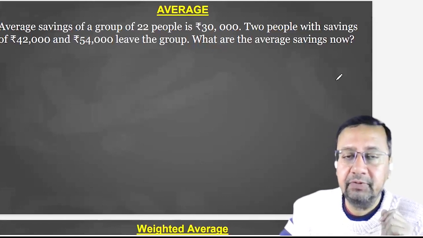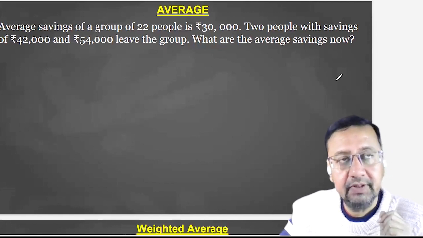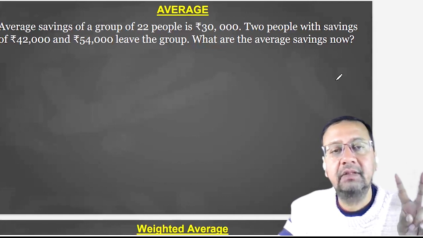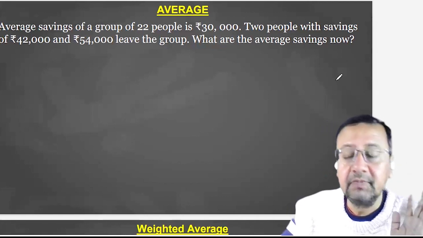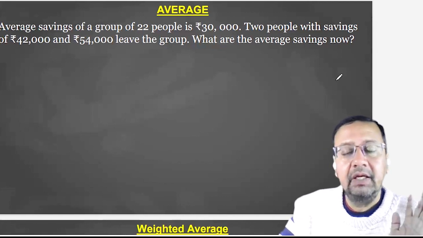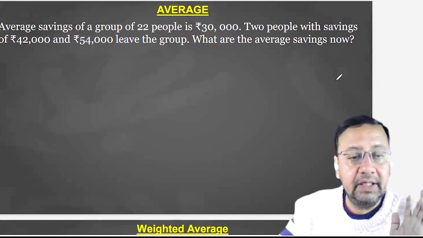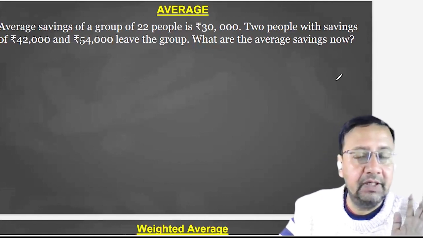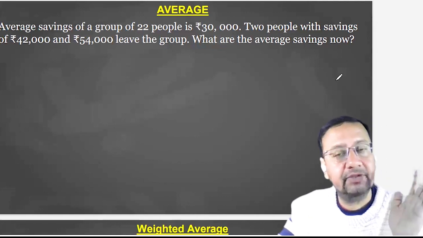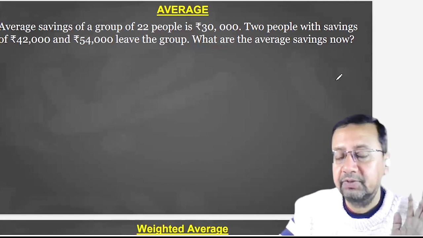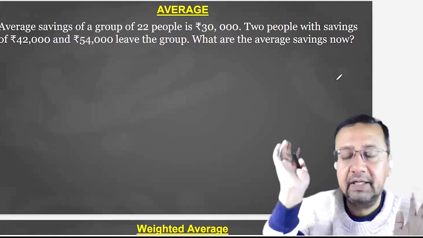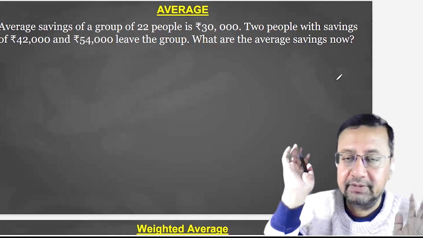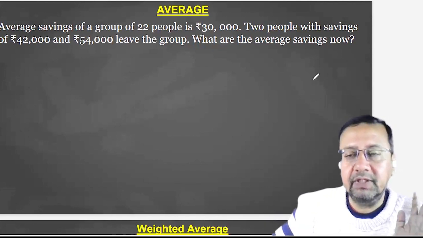The second person is taking 54,000, 24,000 extra. So in total these two persons are taking how much extra? 36,000. And this 36,000 is equally given by the remaining persons. So remaining how many? 20, and extra going out is 36,000. So if 20 are giving 36,000, every person is giving how much? 1,800, right?